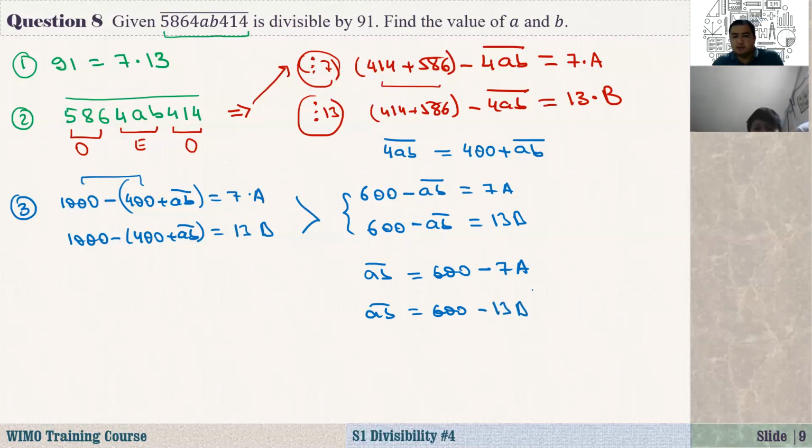And what is the smallest number less than 600 that is divisible by 7?